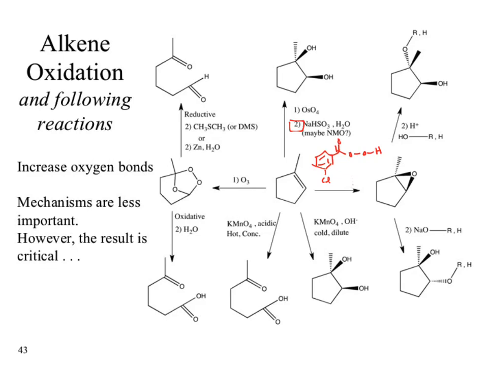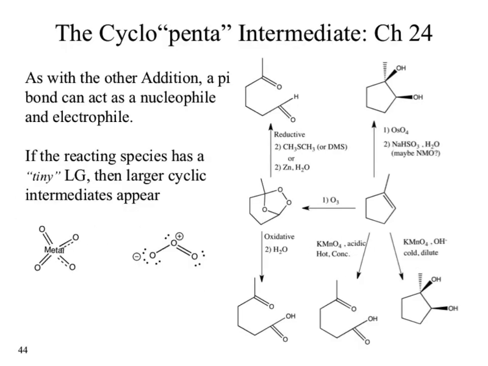The rest of them are new reactions. So what we're looking at is our penta intermediates in these cases. We're forming some kind of 5-membered intermediate ring structure. So the pi bond is reacting outwards. Something is immediately reacting back with the pi bond, which means in all of these cases we're getting a syn type addition.